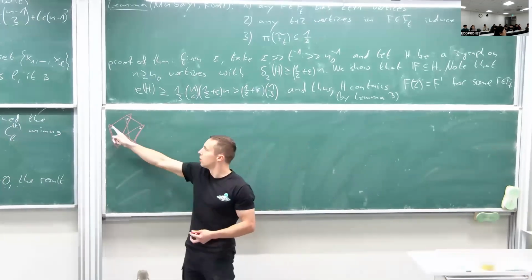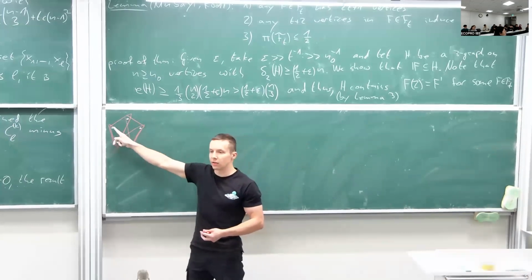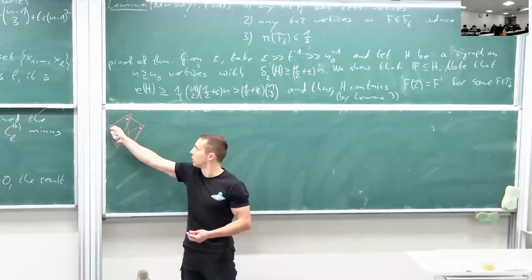Okay, so we have all edges when cyclically going around, apart from this one in the top.